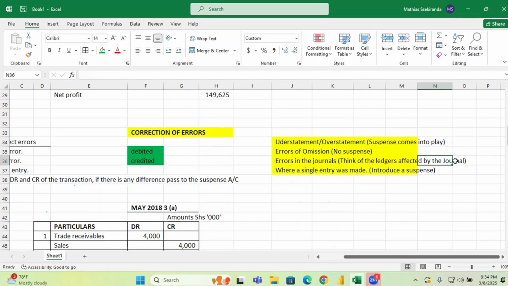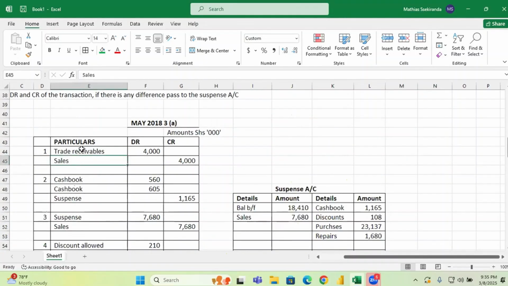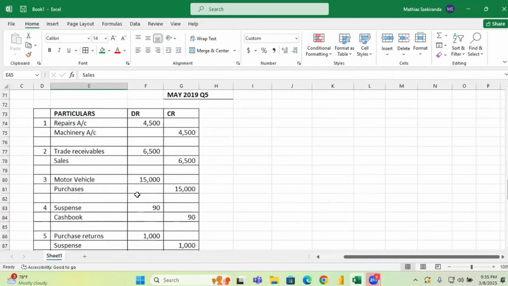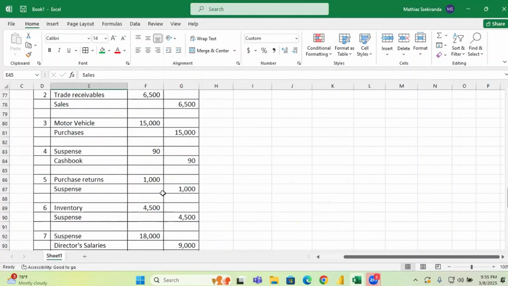Those are the ledgers that are understated or overstated. And since there are 2 ledgers, of course there is no space for suspense. If both of them are understated, like the way we have seen for receivables and sales, you increase the receivables and you also increase the sales.